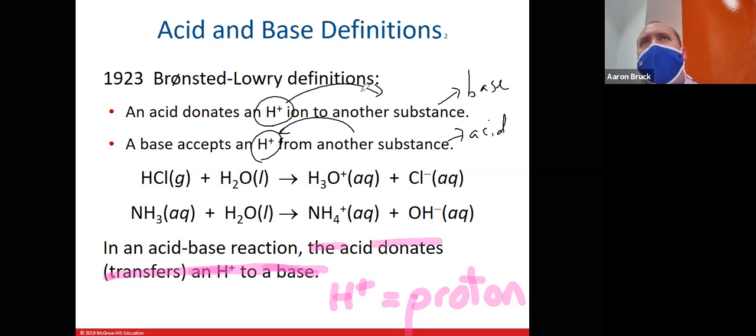Why a proton? Well, again, think about what that means. A hydrogen ion, most hydrogens have one proton and one electron. If it's hydrogen plus ion, that means that the electron is gone, which means I only have the proton left over.